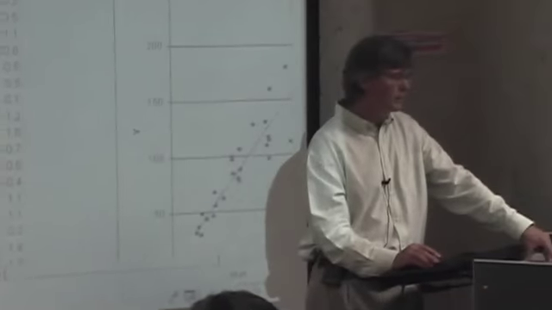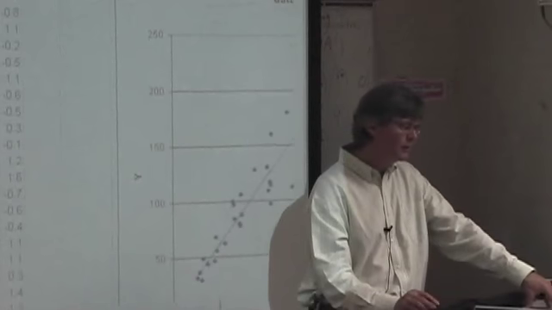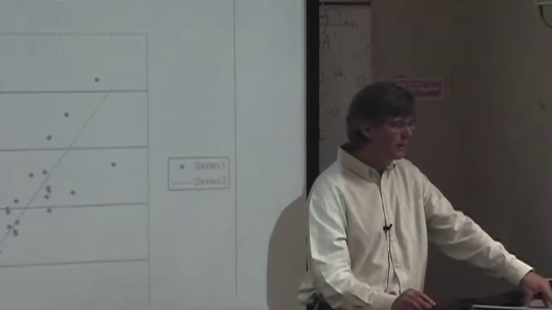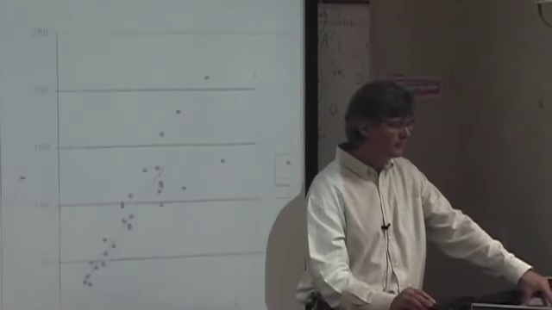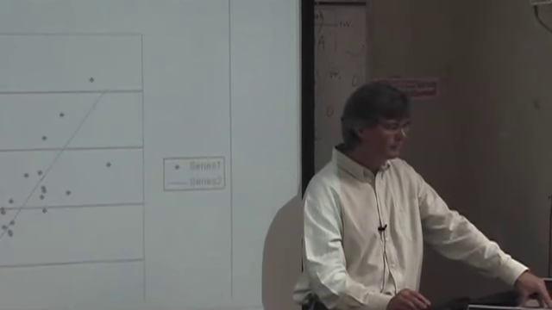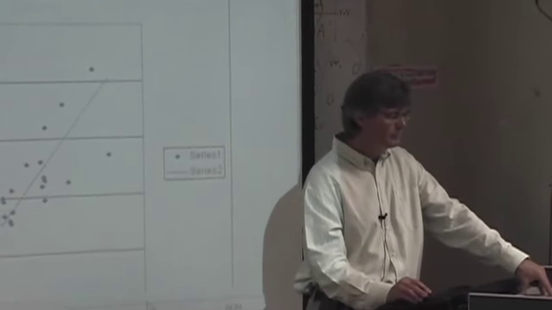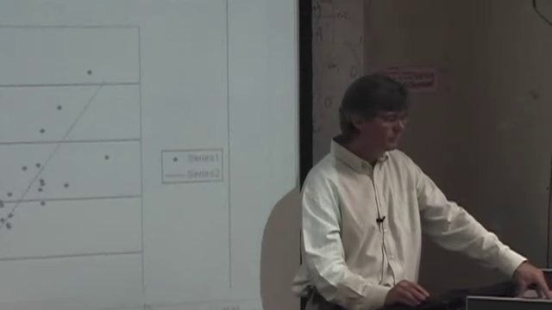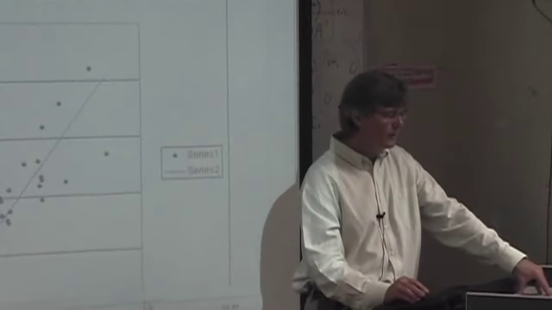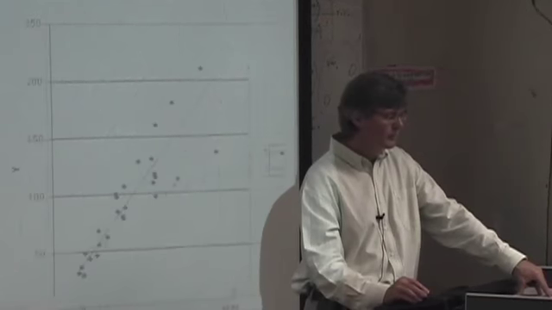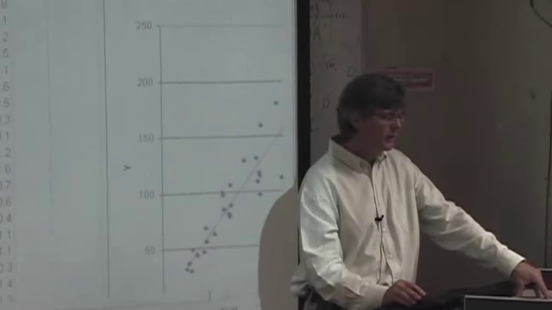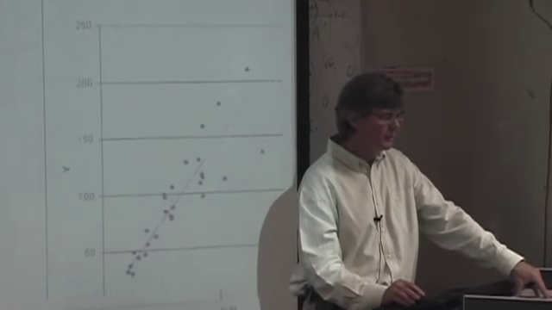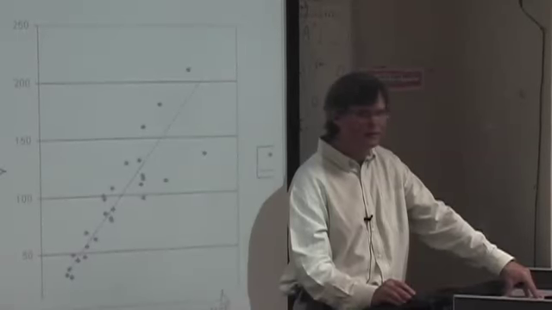SYY, the total sum of squares, is the same in both models. What you're getting is estimates that have a smaller variability. This is a straight line fit.